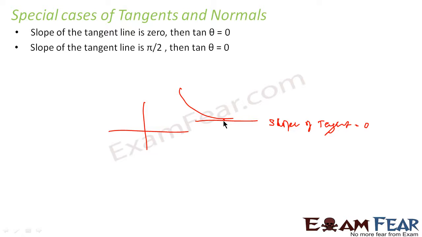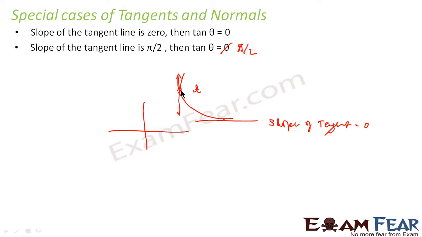So here tan theta is 0 because the angle which this line makes with x-axis is 0. For example, on this same curve, at this point, my slope is like this.